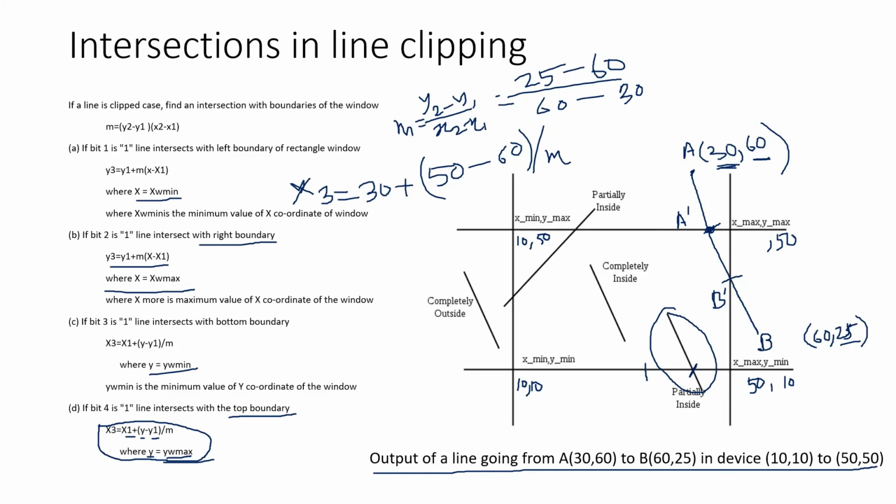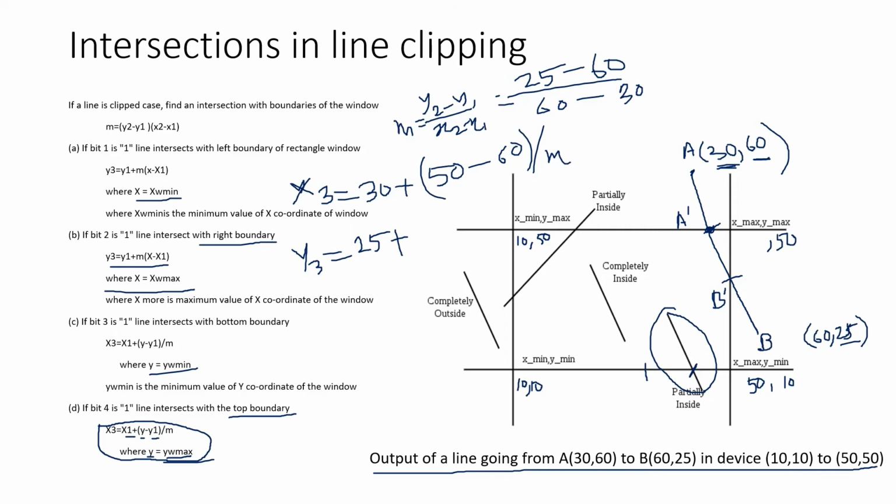So in that case the value of y3 equals y1, where y1 is nothing but that 25, plus whatever you have. So that is how it is going to happen. Okay, so this is the particular example with respect to whatever we have discussed so far.